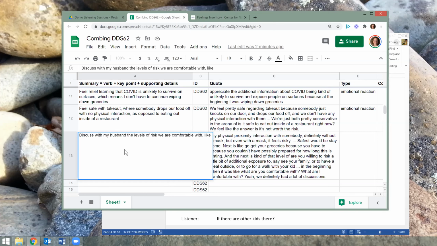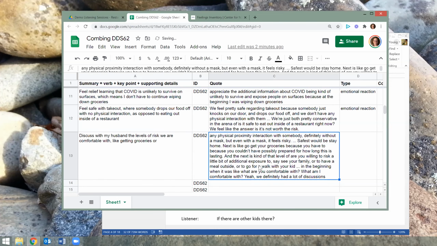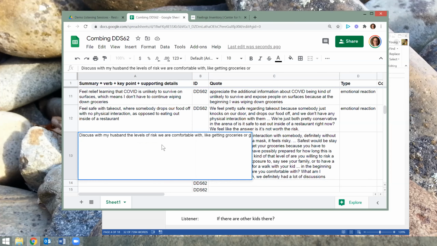Like getting groceries or, which I don't have to choose all the details. So which detail is kind of outstanding and memorable? See your family, have a meal outside, go for a walk with your kid. That's more memorable. Or go for a walk with a kid.